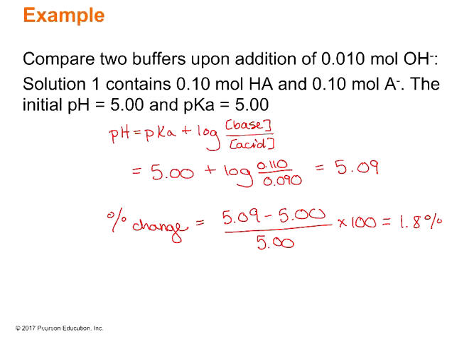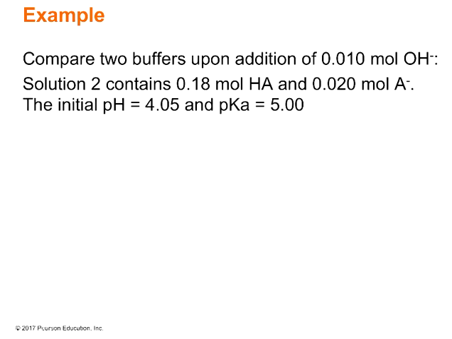Now let's compare that to the other buffer, which had way more acid than base. So let's write out that same chemical equation again. So the weak acid is going to react with the strong base to produce water and the conjugate base.